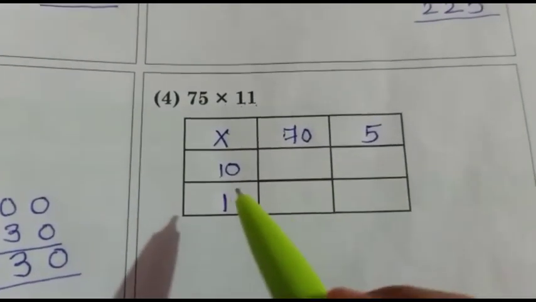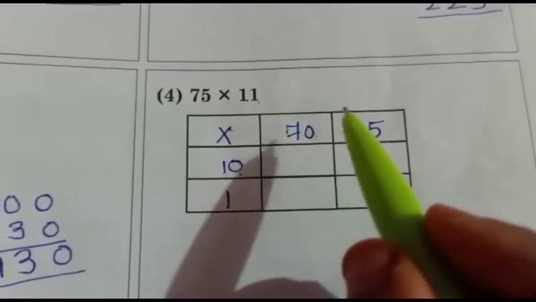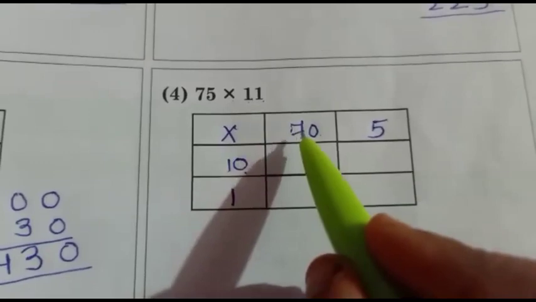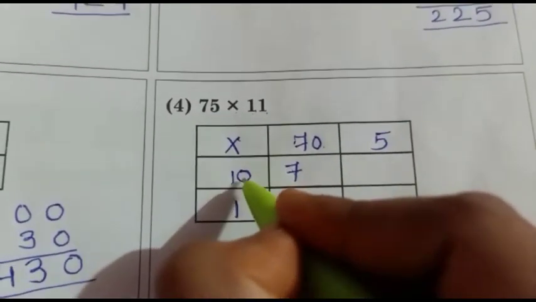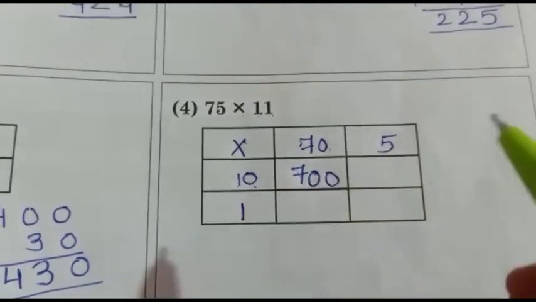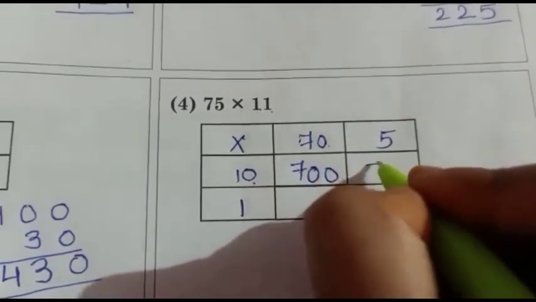Okay students, now see, here also it is a 0, here also it is 0. Forget about 0. Okay, just see the number 1. Now 1 7s are 7. Here it is 1 0, so you will write this 0. Okay, 1 5s are 5.